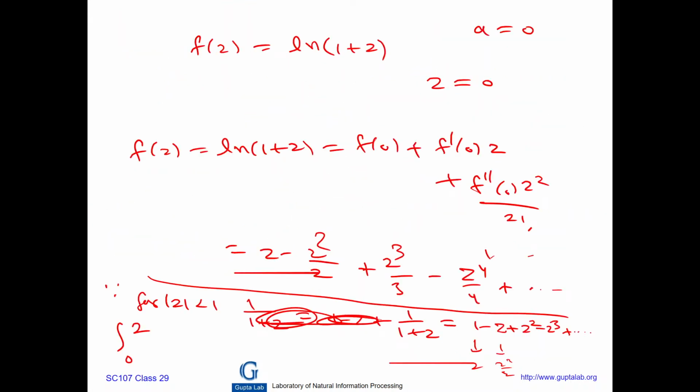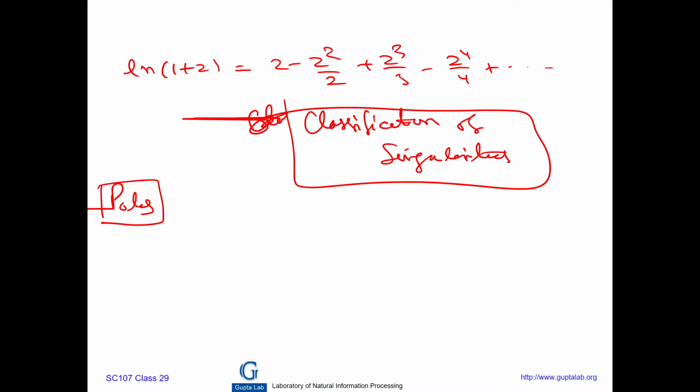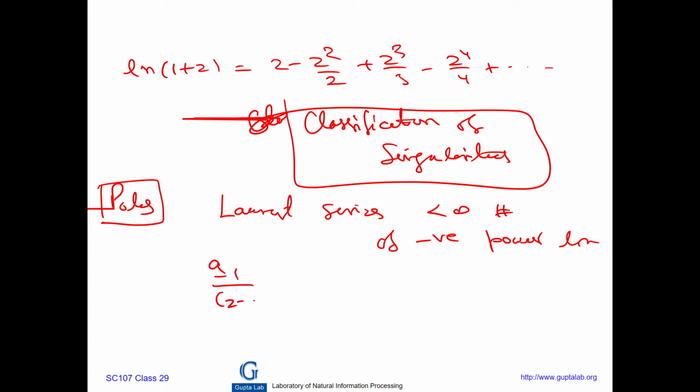So for example, if in Laurent series we have finite number of negative power terms, right? So for example, a minus 1 over z minus a plus a minus 2 over z minus a whole square, a minus n over z minus a whole to the power n.